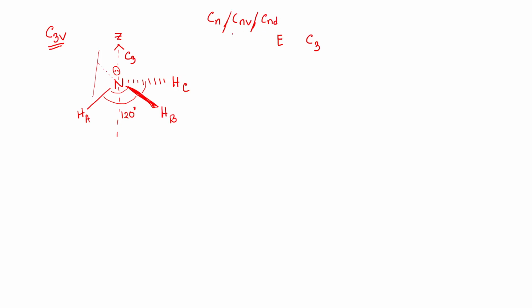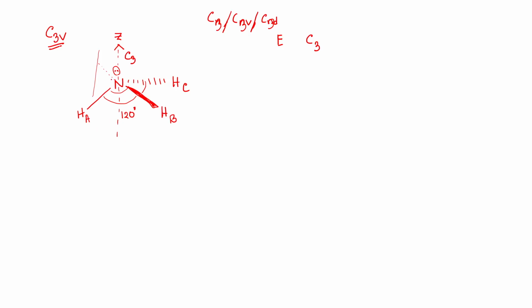Sorry, Cnv. Another possibility is Cnh, a horizontal plane of symmetry. Suppose you still don't know what it is going to be, but you know that it is going to be either C3, C3v or C3h.